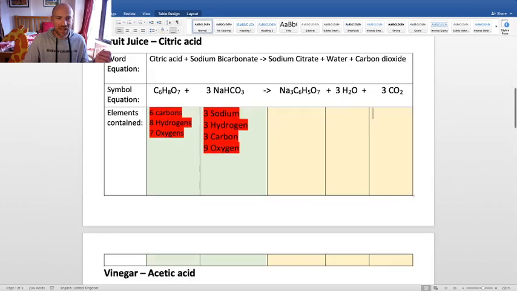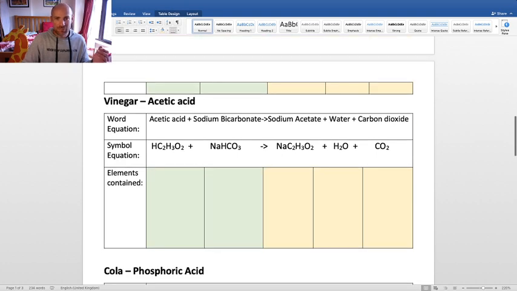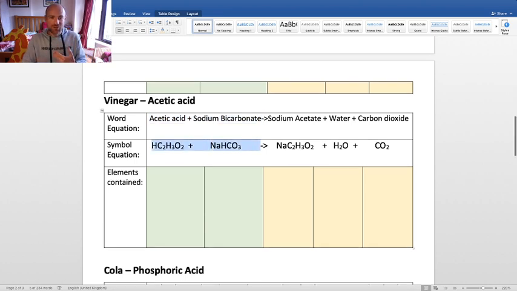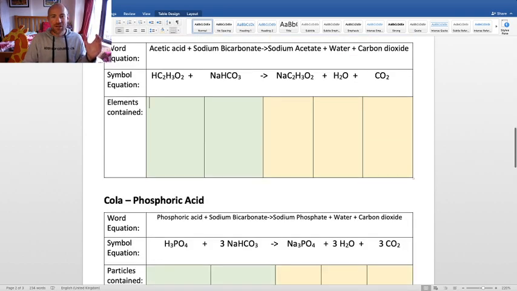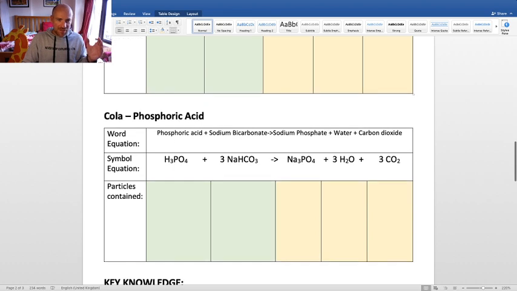Label these up as reactants or products, and fill in how many of each of the atoms are contained in those molecules. Do it for vinegar and for cola. See how you get on. This P stands for phosphorus. In this case, we just have one. Okay, crack on.